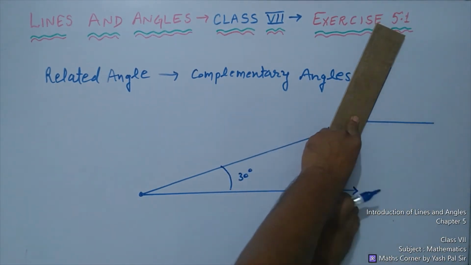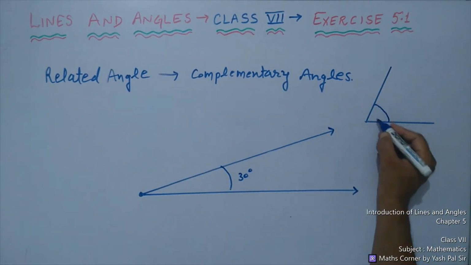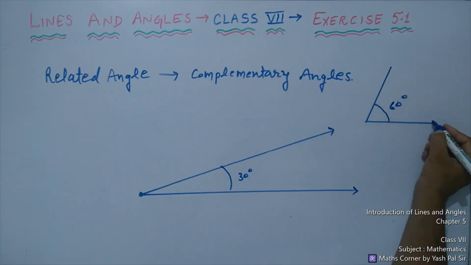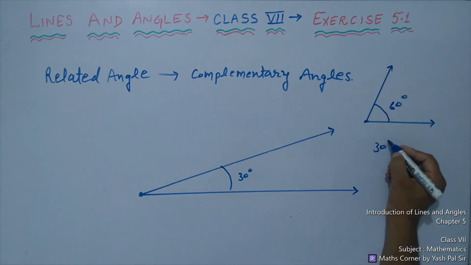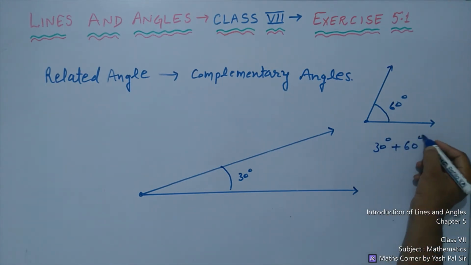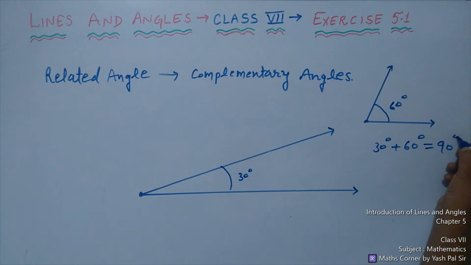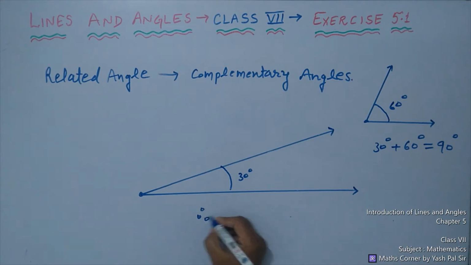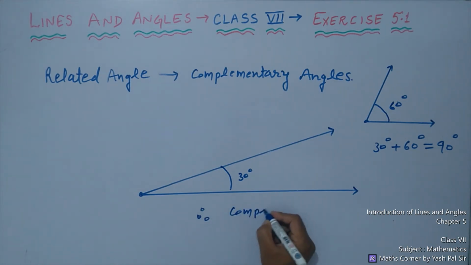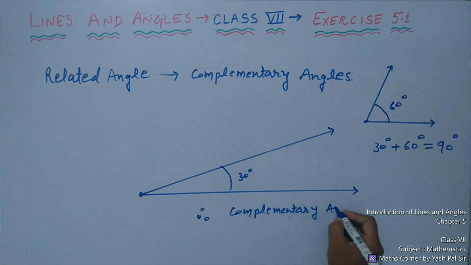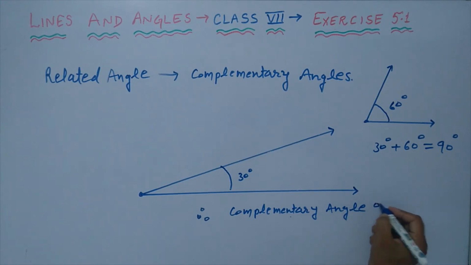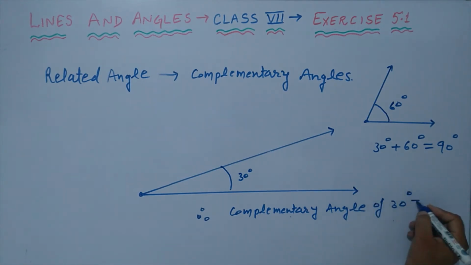Because 30 degree plus 60 degree becomes 90 degree, what we say here is, the complementary angle of 30 degree is equal to 60 degree.